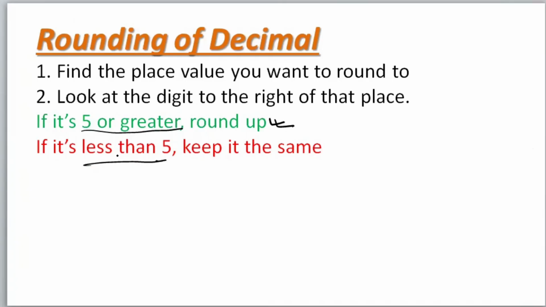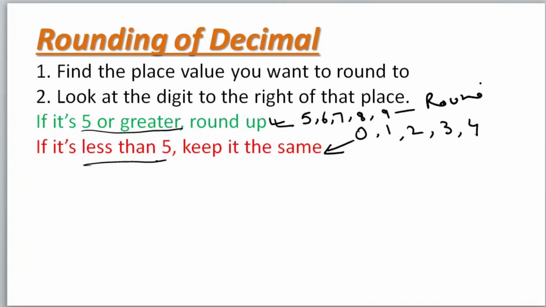If it is less than 5, if it is 0, 1, 2, 3, 4, then it will be the same. There will be no change in it. But if the digit is 5 or bigger, okay, we will consider 5 also, 5, 6, 7, 8, 9, then we have to round it up.